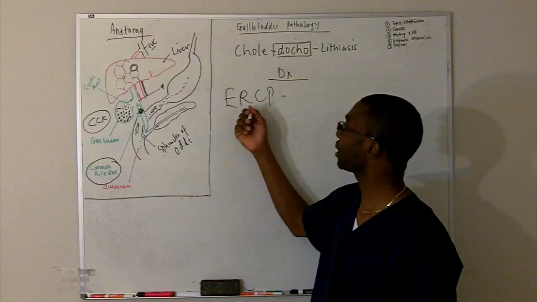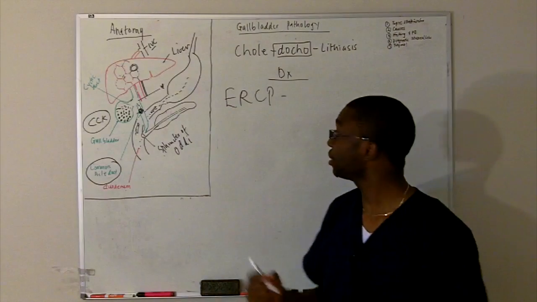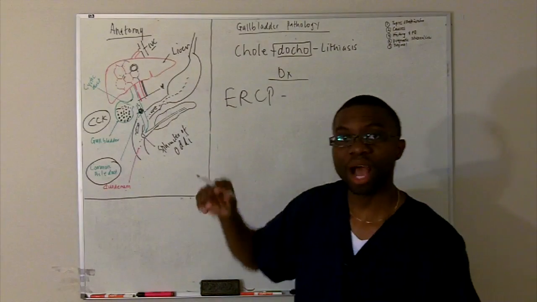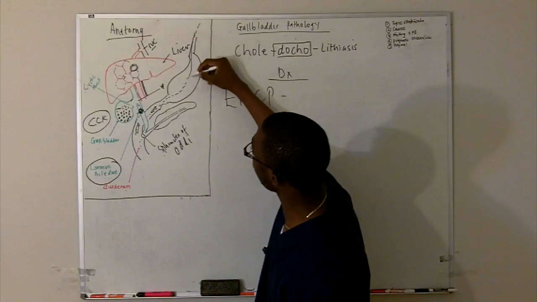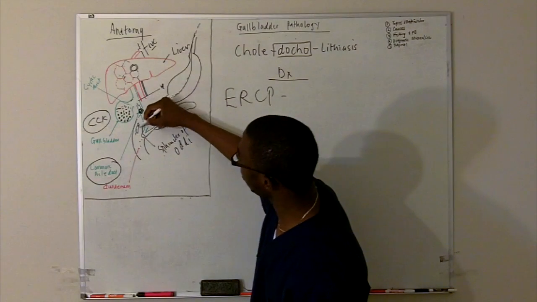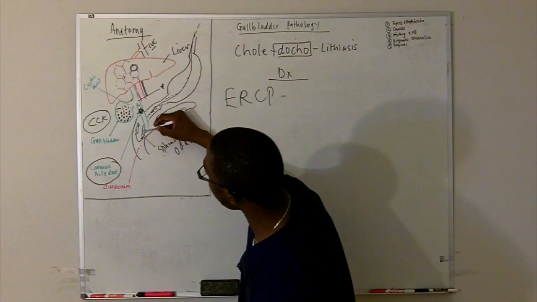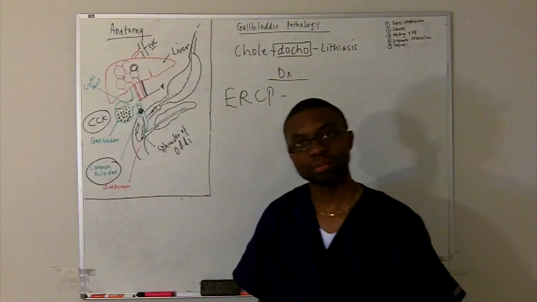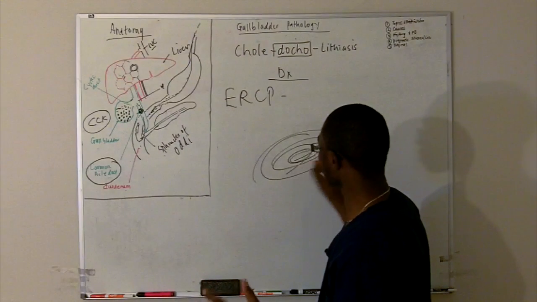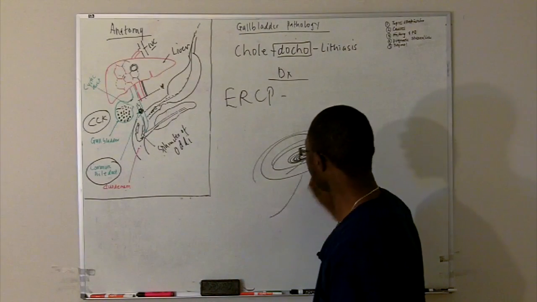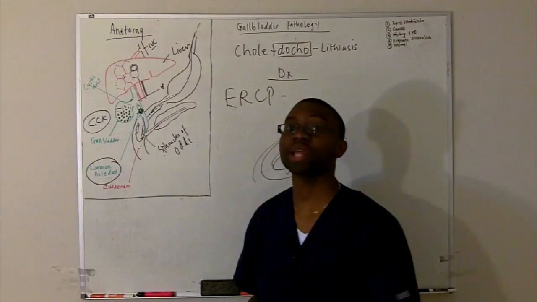Endoscopic retrograde cholangiopancreatography. How they normally do this procedure is they take a scope that goes all the way into your stomach, makes a U-turn and goes right into the common bile duct. They observe it, they'll be able to see the stone. And guess what? Since they see the stone, they can block it out and pull it out.